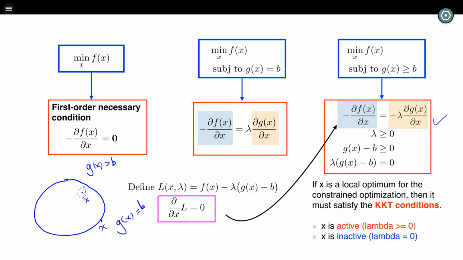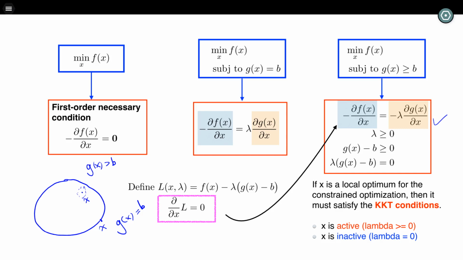So let's look at the so-called KKT conditions. The first condition you can think about is the derivative of the Lagrangian with respect to x being 0. So how we define the Lagrangian: it is the objective function, be careful, always minus lambda times the constraint. And the constraint must be specified as the constraint being bigger or equal to 0, because for the third type of problem, signs are very important.